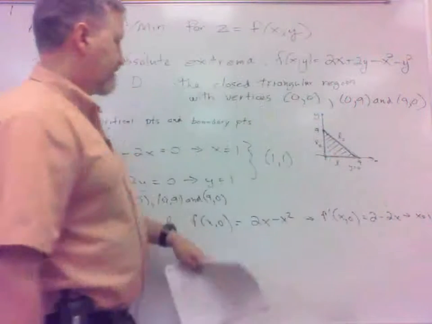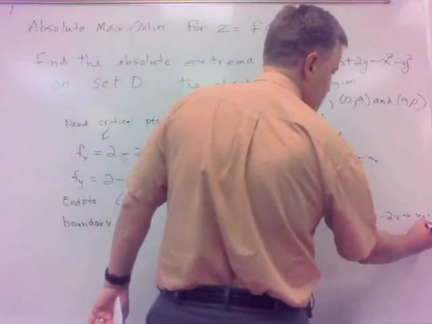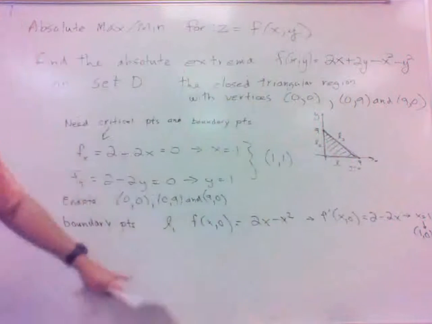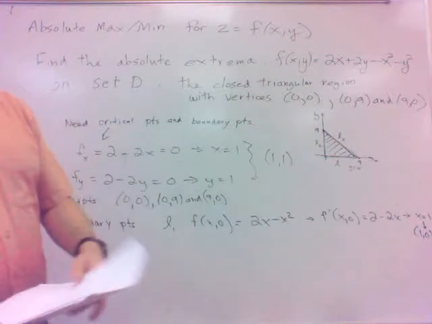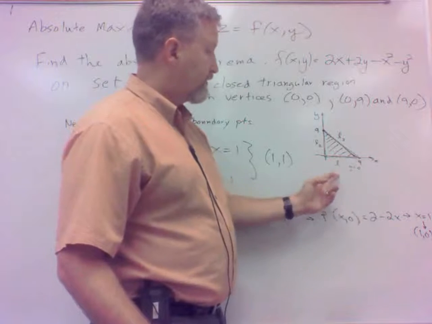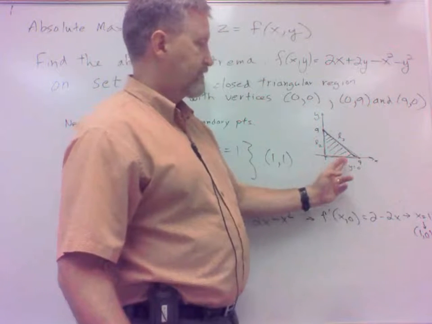But in this case, we've got the y is 0, so that would be what point? 1, 0, right? X is 1, so I'm going to check 1, 0 on that point, because that's the critical number when we're along this boundary. Okay?